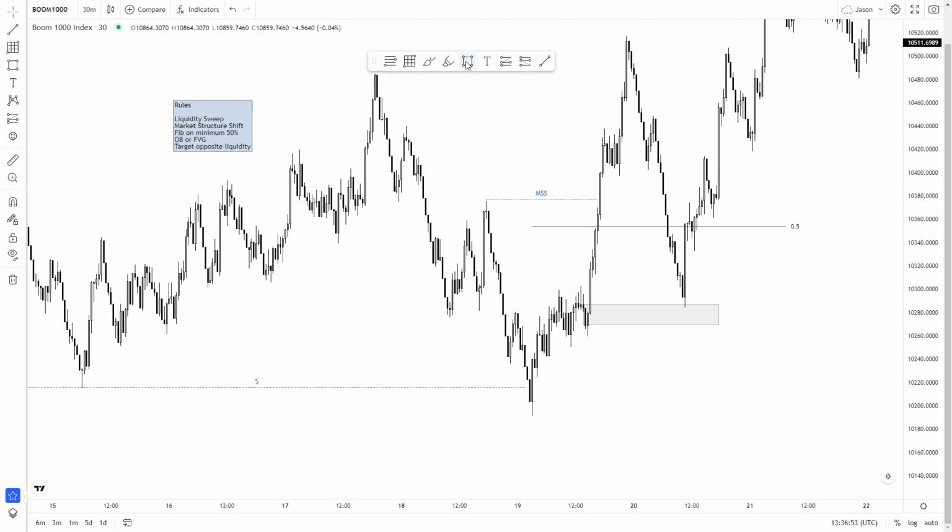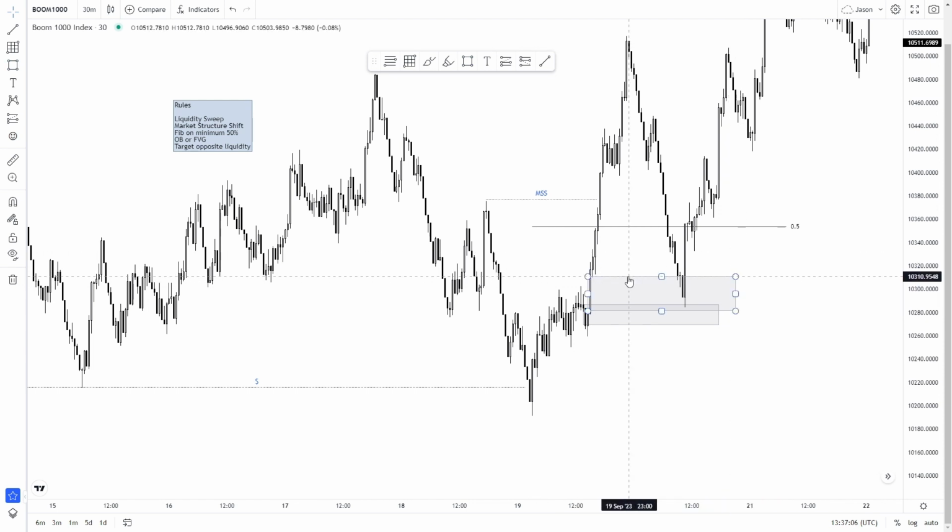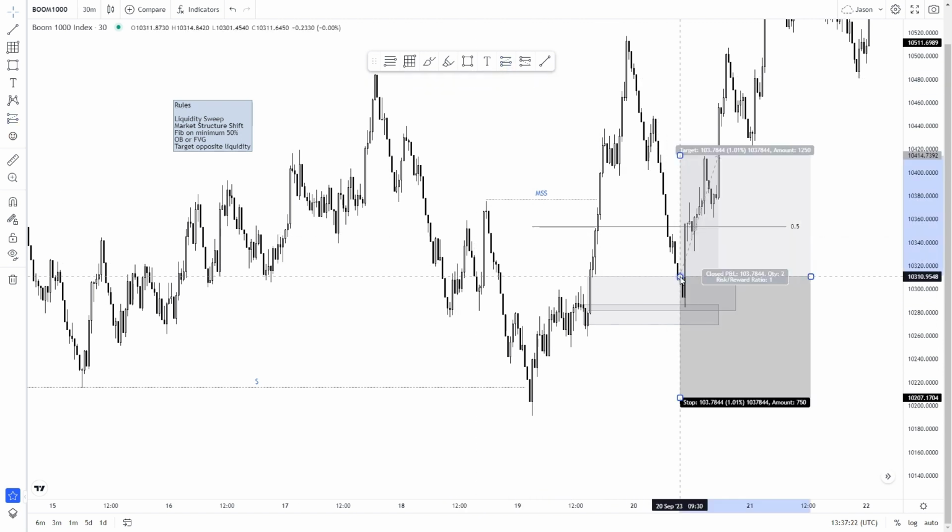Now, what's nice about this trade is there's a little bit more confluence, there's a nice fair value gap as well. So you can either enter from the top of the fair value gap, the middle at the 50%, or you can enter at the order block.